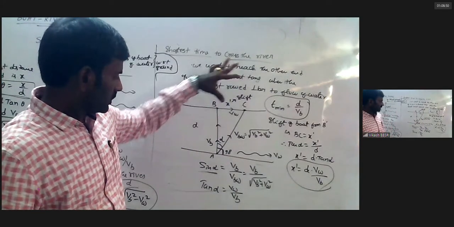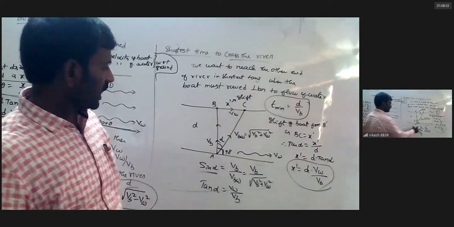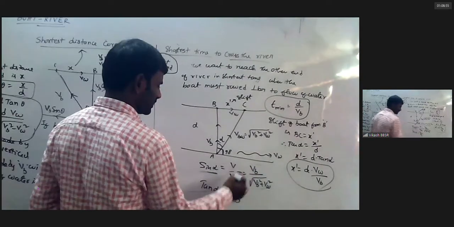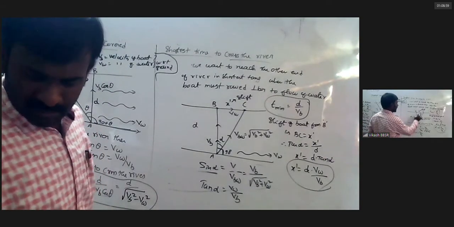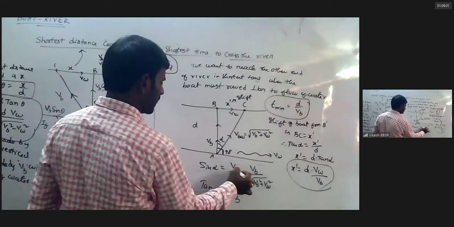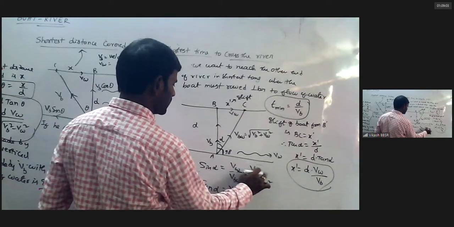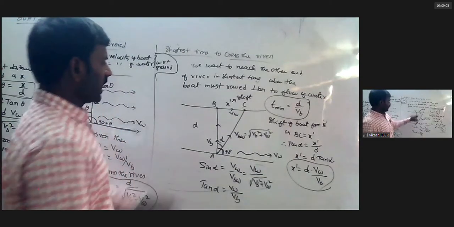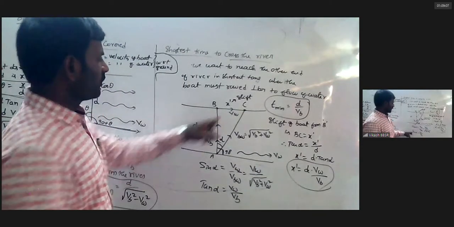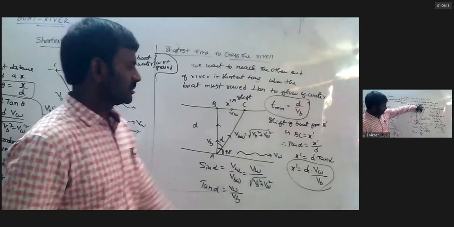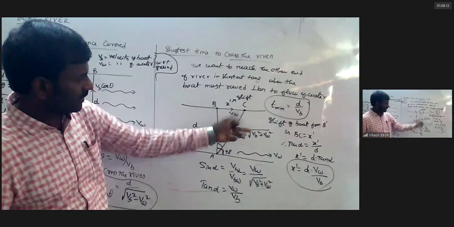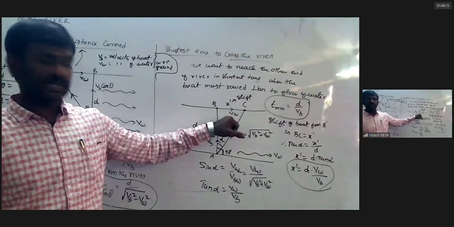Try this one. Sin alpha how much? Opposite. Tan alpha, vW by vB. Opposite BC, sin alpha, BC, BW.